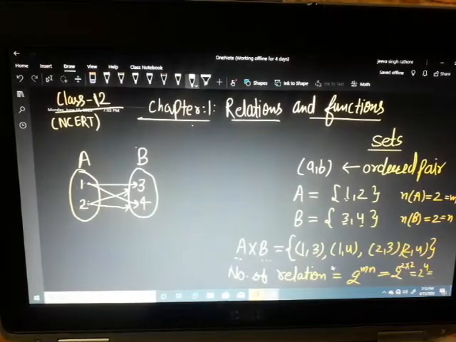So the total number of possible relations is 2 to the power 4, which equals 16.